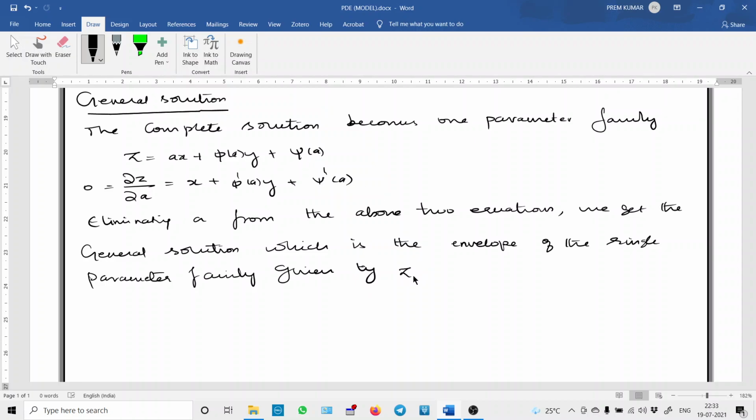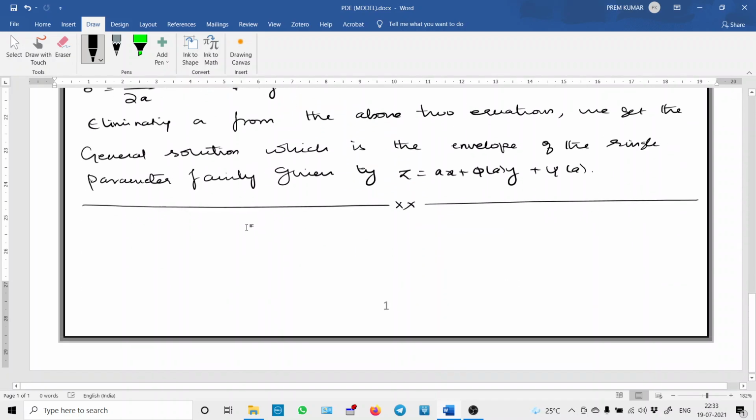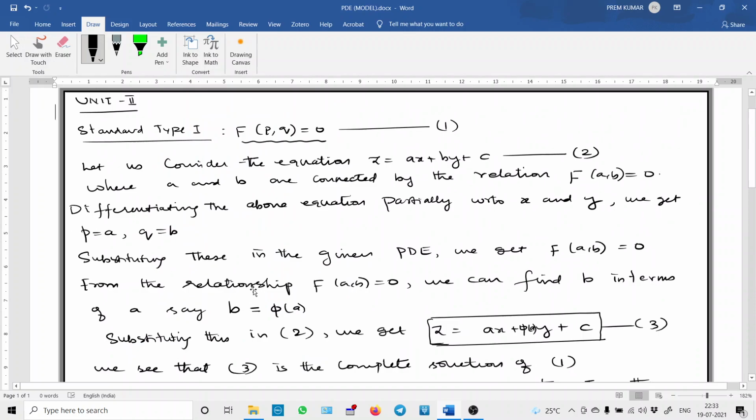What is that? z equals to ax plus pi of a y plus psi of a. And this completes the method to find the different solutions of type 1 PDE. Okay. Now we will go for the problems.